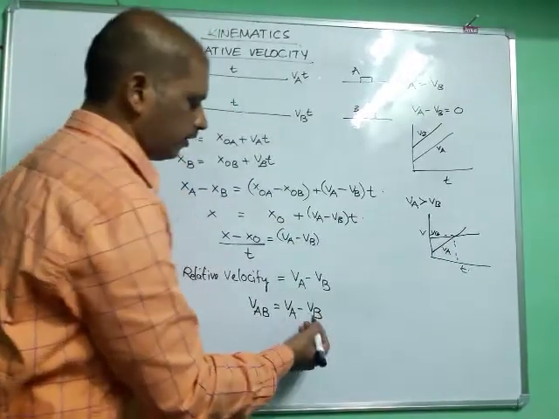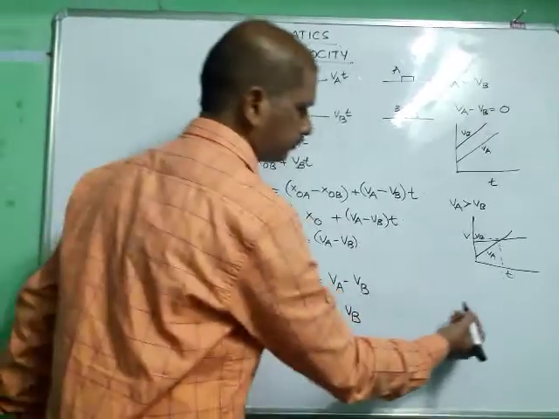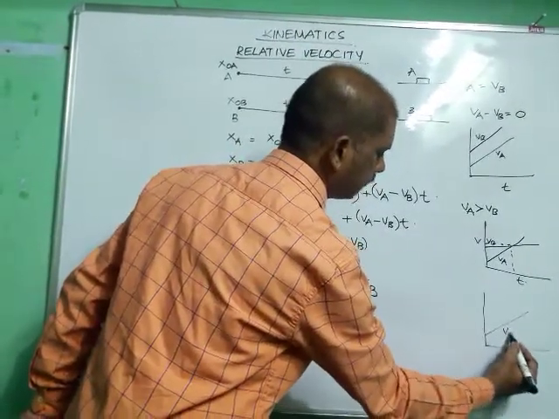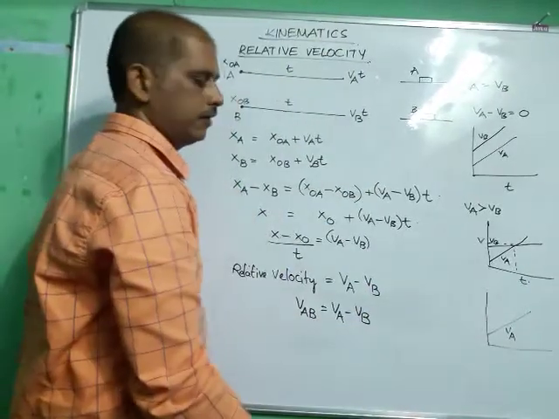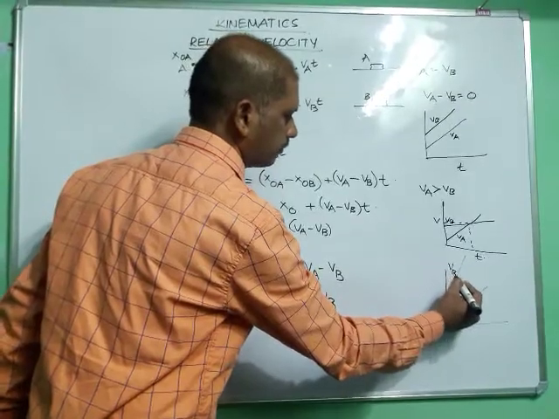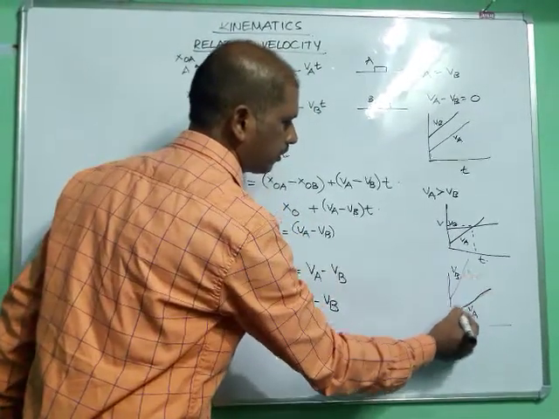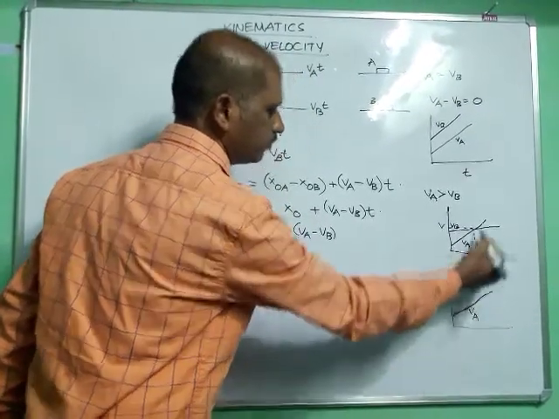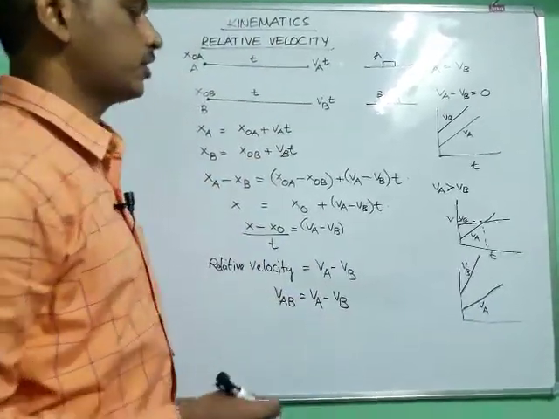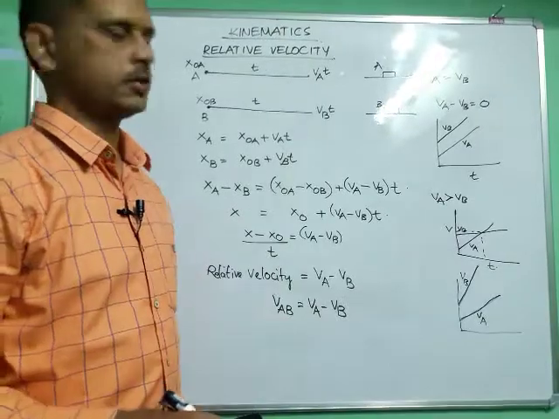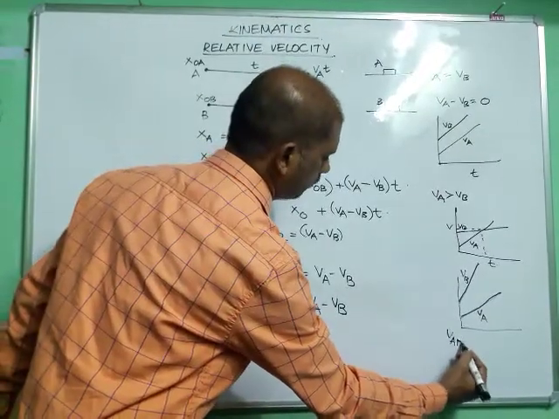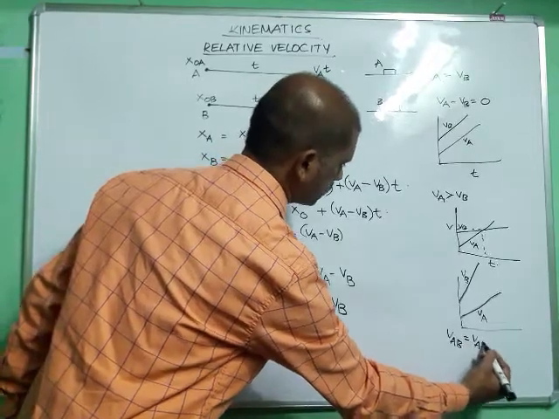In the same way, if VB is greater than VA, this is VA, the velocity of the first object, this is VB. VB is greater than VA, then the lines do not cross each other, it is moving up, so you can easily identify that the velocity of B is greater than the velocity of A. Now VAB is equal to VA minus VB.